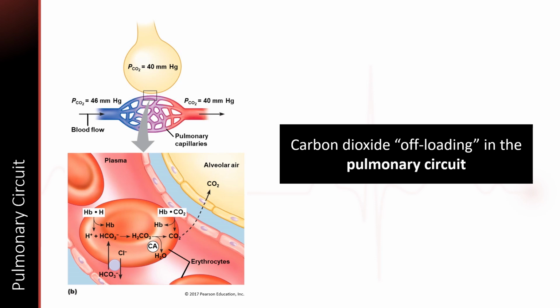So we just looked at the creation of deoxygenated blood at the level of the systemic capillaries. As oxygenated blood travels through a systemic capillary, it becomes deoxygenated, right? Carbon dioxide travels from the interstitial fluid into it.